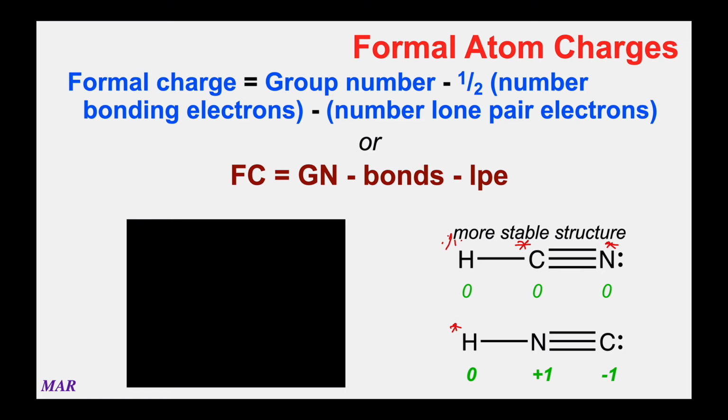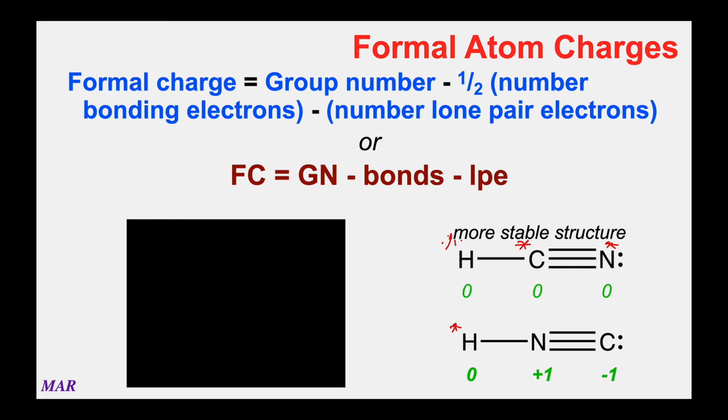Let's look now at the bottom one, hydrogen isocyanide. Now, hydrogen is still 0, but the nitrogen in the middle now is 5 group number minus 4 bonds minus 0 lone pair electrons. That nitrogen is positive 1. And the carbon on the far right, group number 4 minus 3 bonds minus 2 lone pair electrons, that carbon is a -1 formal charge.